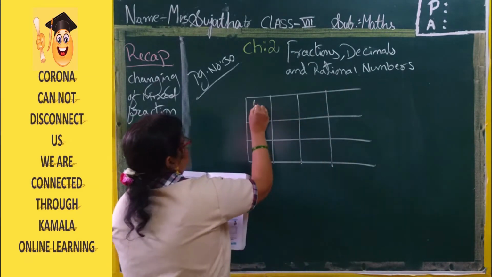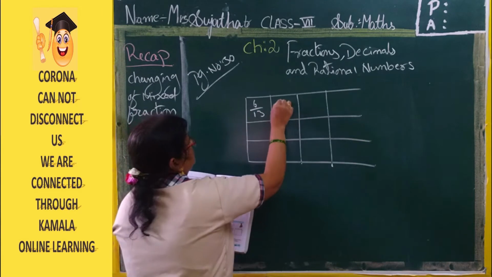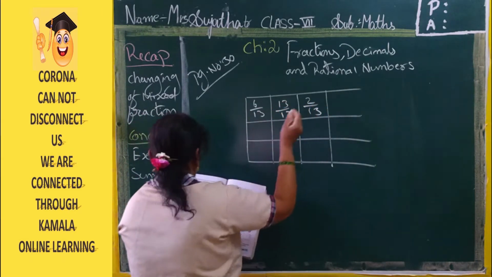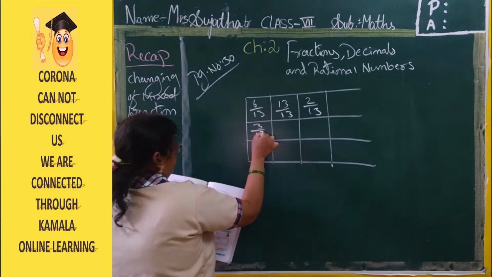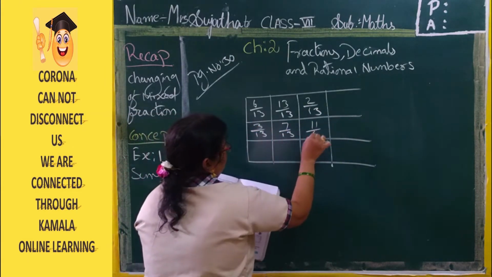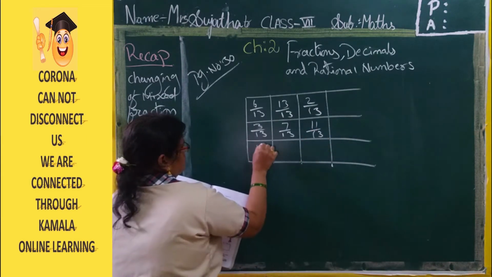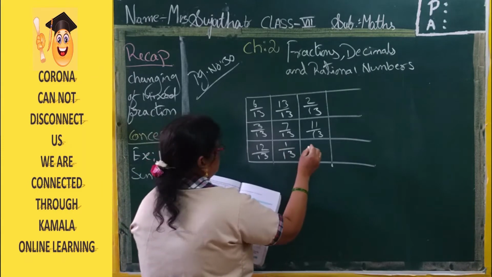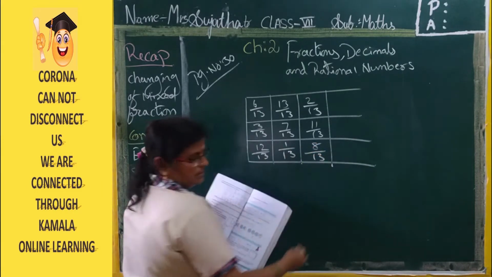Okay, first row: 6 by 13, 13 by 13, 2 by 13; 3 by 13, 7 by 13, 11 by 13; 12 by 13, 1 by 13, 8 by 13.